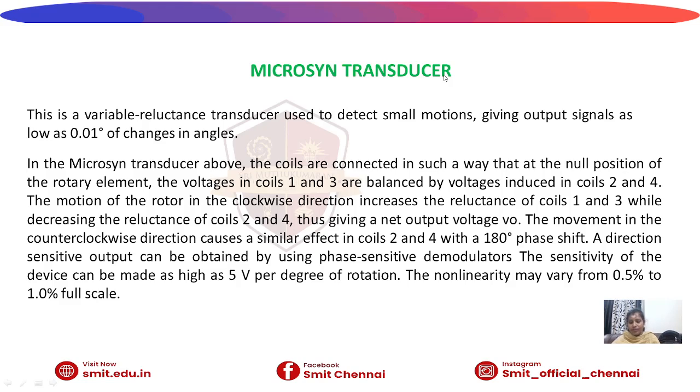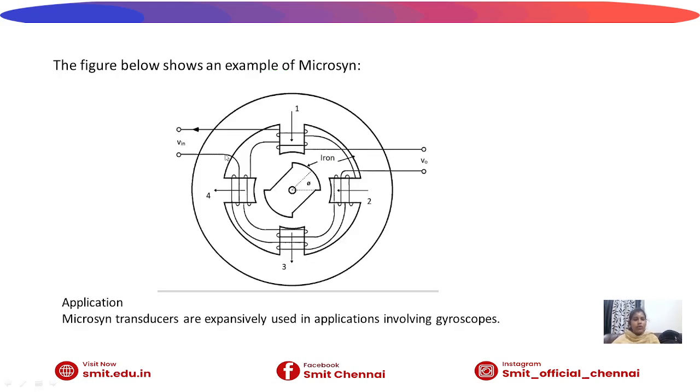Here is the diagram of the microsyn, with 4 coils. The outer part is the stator and the inner ring is the rotor. There is an iron core inside the rotor. There are 4 coils: 1 and 3 are the same, and 4 and 2 are the same.